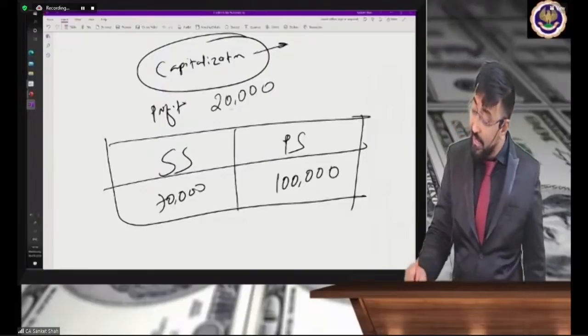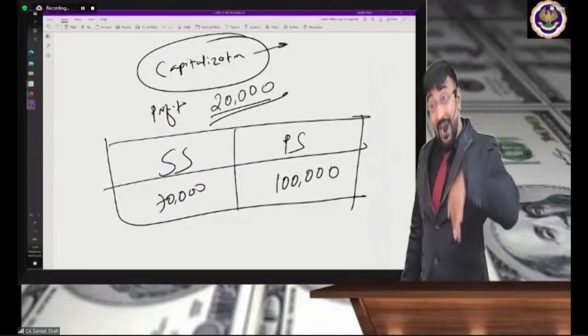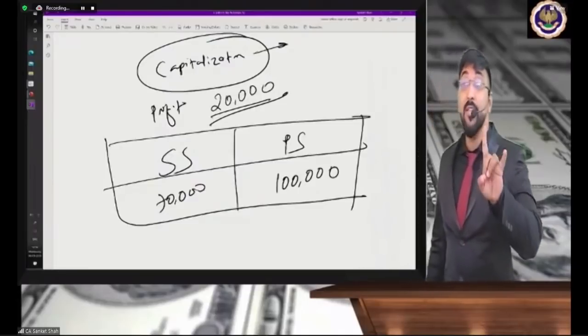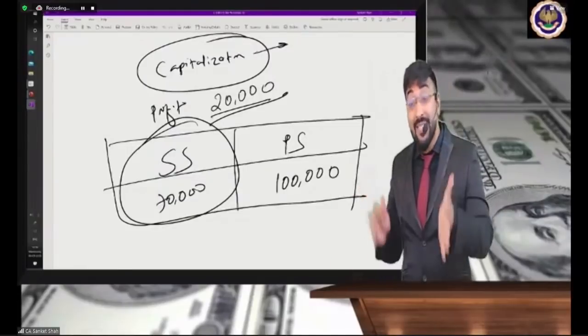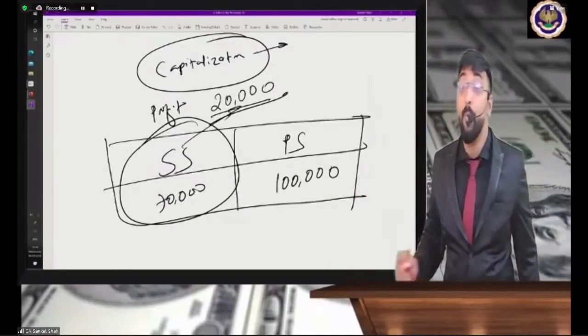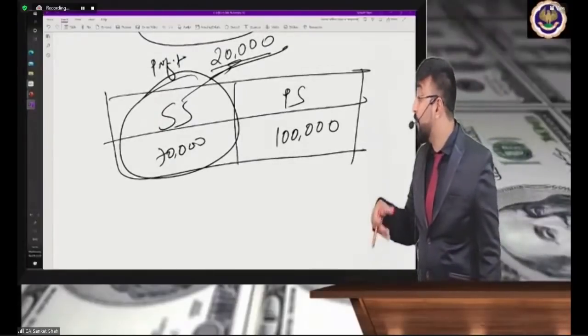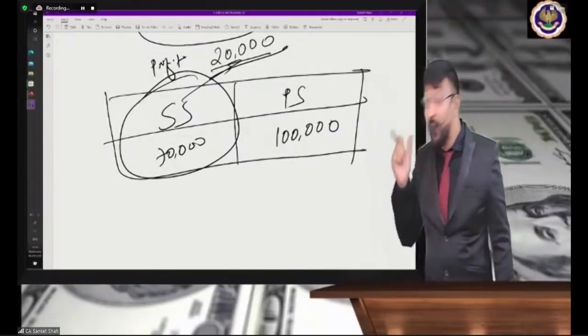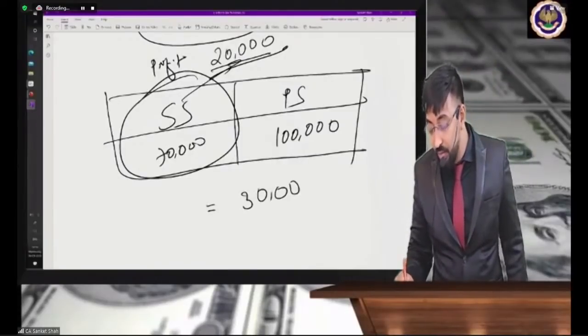But he is getting 20,000 rupees. Remember, capital introduced is less. Goodwill will be there if I introduce less capital but earn the same profit. So here my capital will be less as compared to Pratham's capital, but our profits are same. In that case, 30,000 is goodwill.